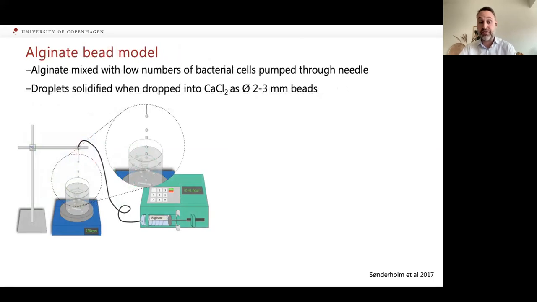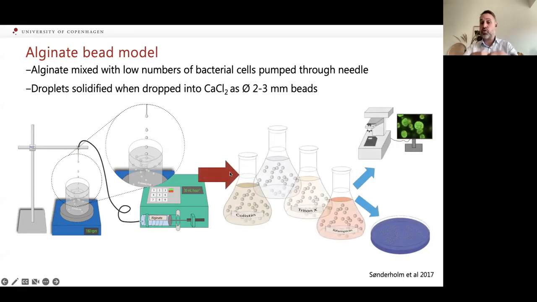It's a really neat small system where you make an alginate mix, and then you drop it into calcium chloride, and the beads harden, solidify very fast. Then you can grow up the bacteria, and you can throw them into different kinds of treatments. You can throw them into the calScreener. You can use all different kinds of treatments on them.